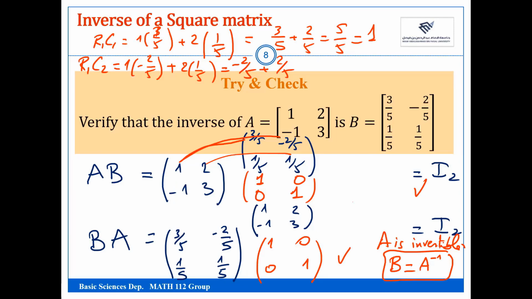Because when I have a candidate, it says verify that A has an inverse and this inverse is this matrix.